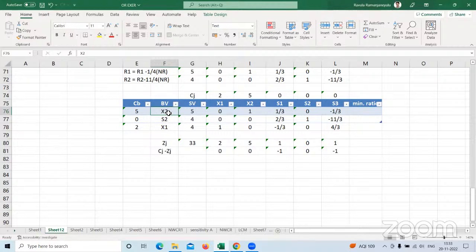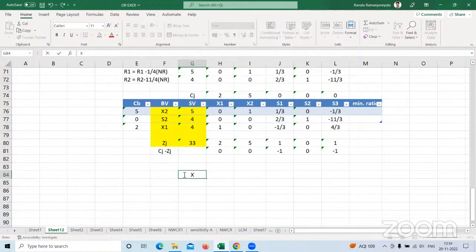We don't have X3. We have only two variables. Okay, right. So our solution is X1 equals 4, X2 equals 5, Z equals 33.